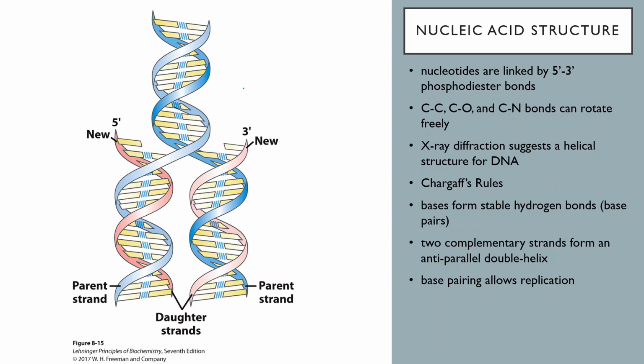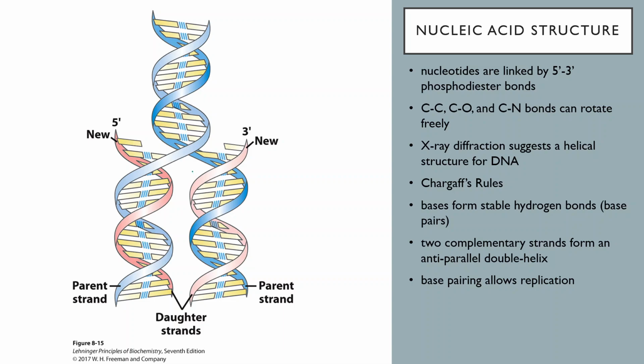Now later on we'll learn how DNA replication works in more detail, but the basic idea is that you have a parent molecule which consists of 2 strands. Those are separated, and then an enzyme that's actually called DNA polymerase, because it makes a new copy of DNA, reads the parent strands basically as a template and starts making the daughter strands.